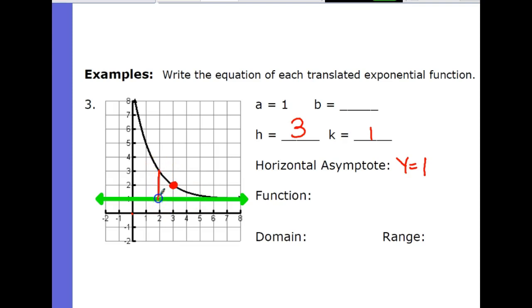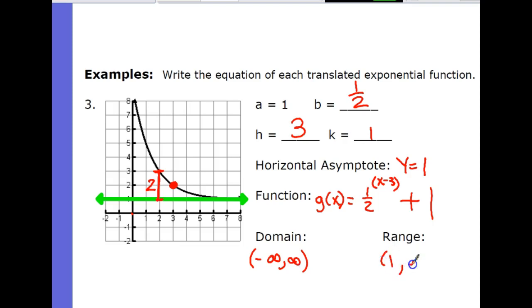So I count 1 to the left. But the b is not 2. The b is 1/2, because if I put a 2 in there, it wouldn't be decay. And so the equation is going to be 1/2 to the x minus 3 plus 1. The domain is still all real numbers. The range is 1 to positive infinity.